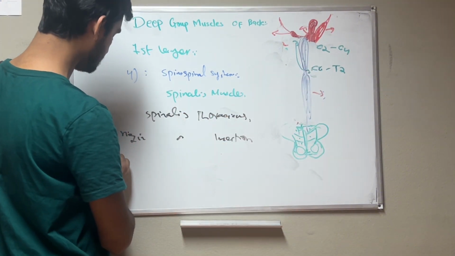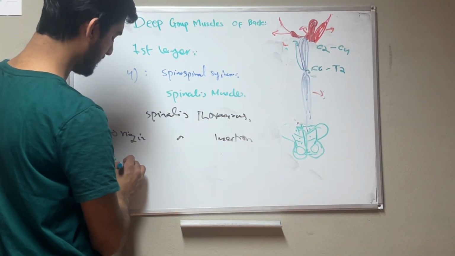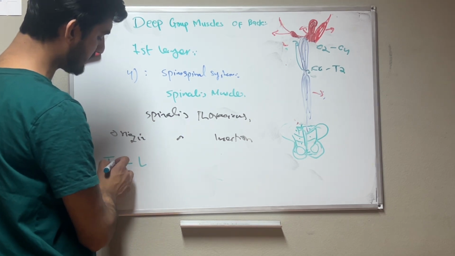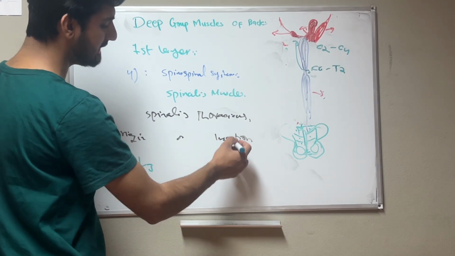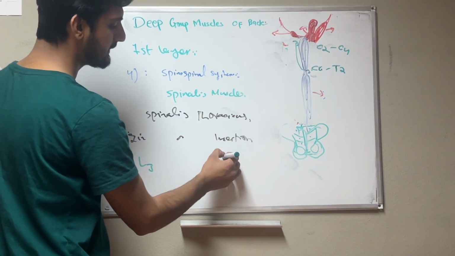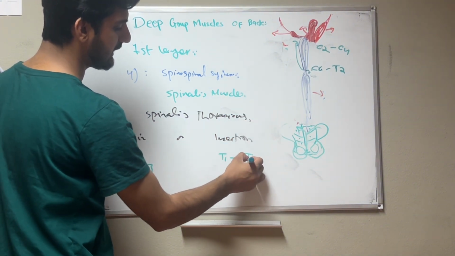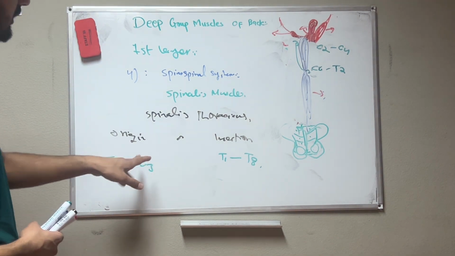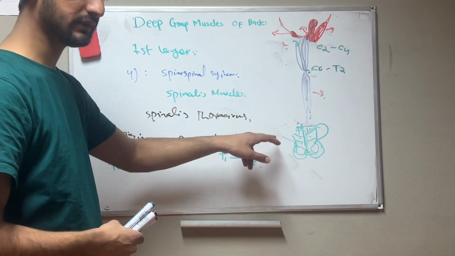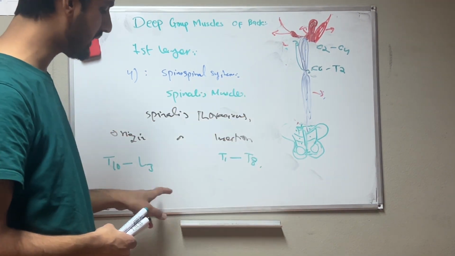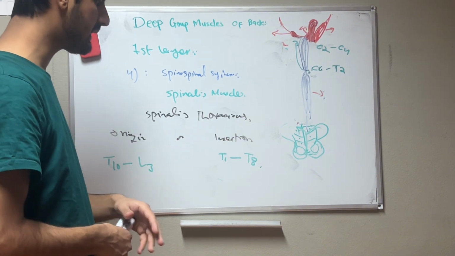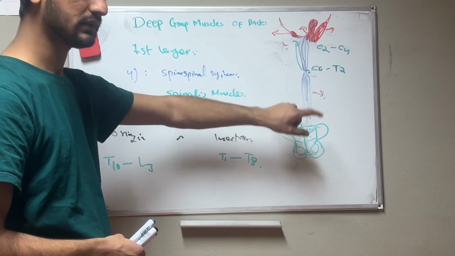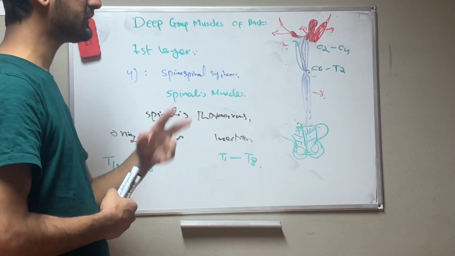From T10 to L3 vertebra, and it is inserted into the T1 to T8 thoracic vertebrae. These are the origin and insertion: from the T10 thoracic vertebra till lumbar 3, inserted into T1 to T8. This is the spinalis thoracis muscle. Okay, these are the two parts we discussed.